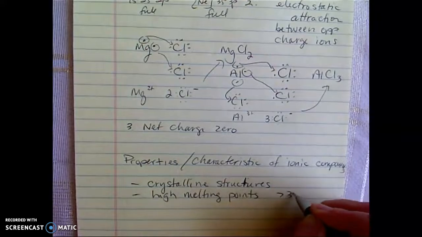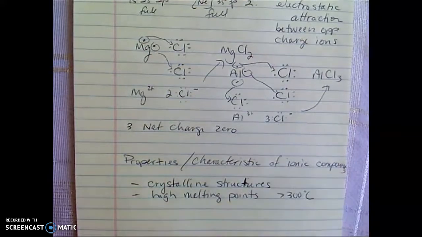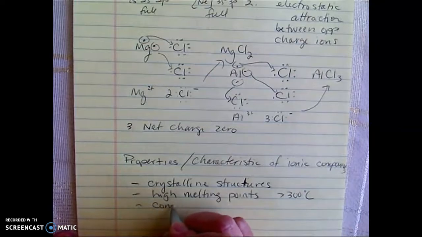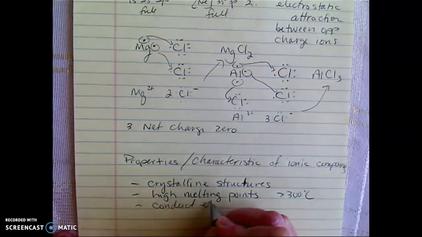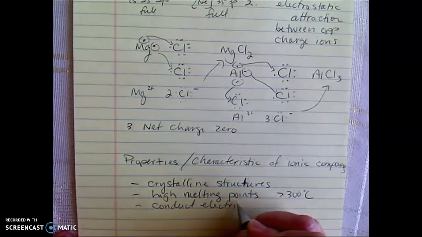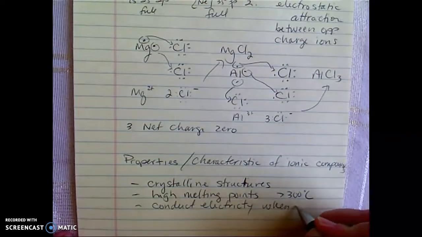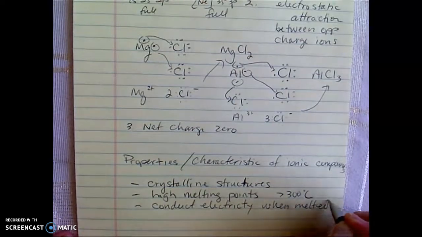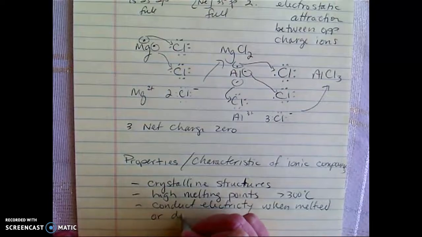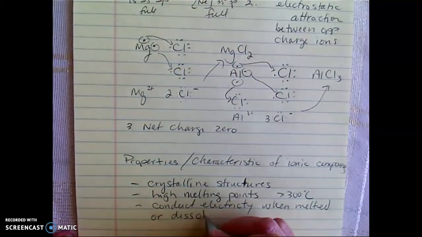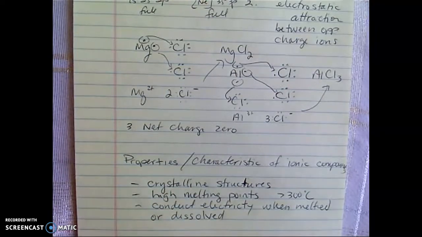Remember, greater than 300 degrees Celsius. We also learned that they can conduct electricity, but remember, not as a solid, only when melted or dissolved. So we had talked about that before when we were comparing molecular compounds with ionic compounds.